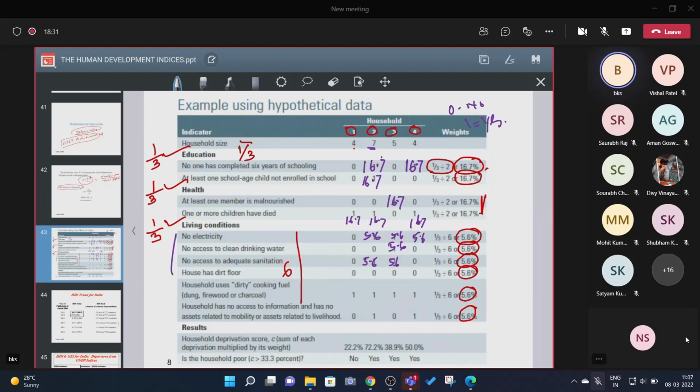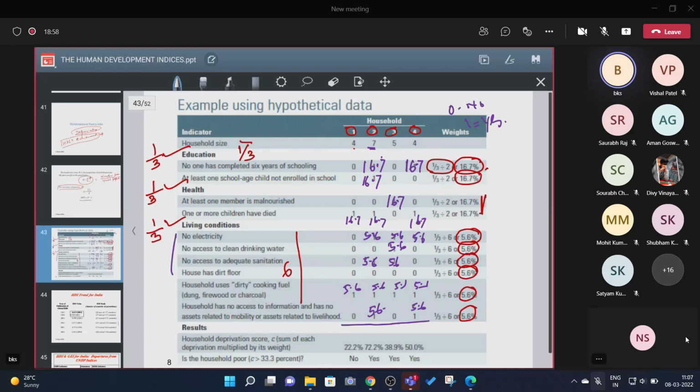In case the house has a dirty floor, none of the households are experiencing that, so none of them get that. For households using dirty fuel, that is firewood and so on, all the households are getting 5.6. Now for no access to information, household 2 and household 4 are getting the weight.